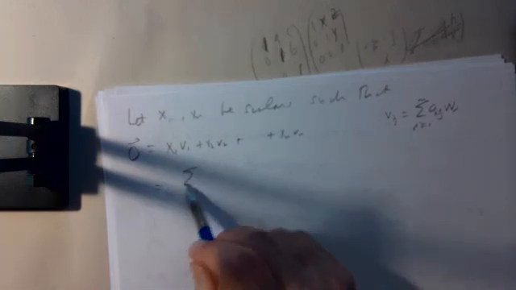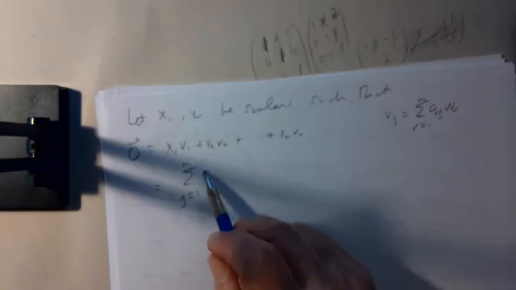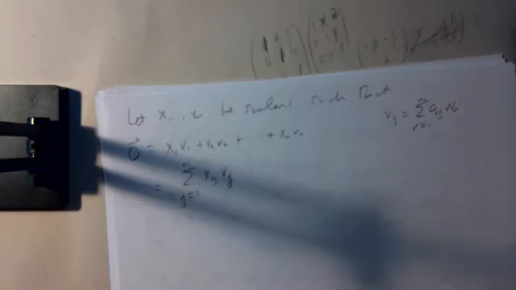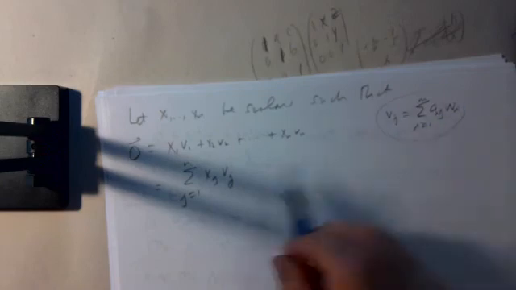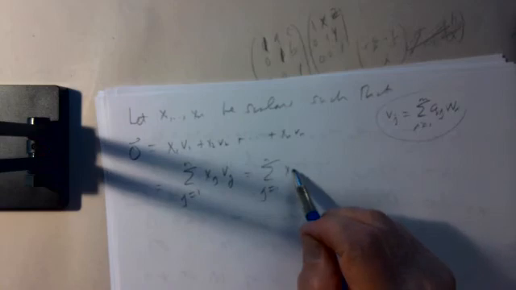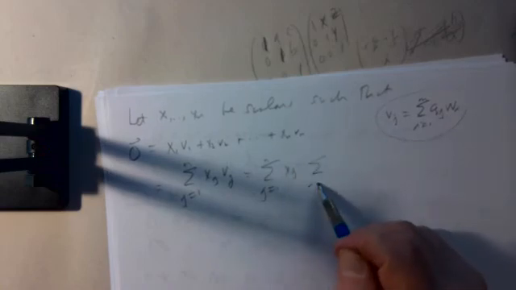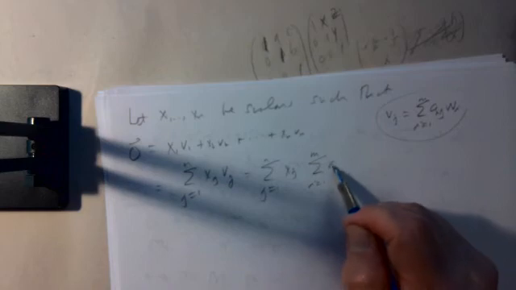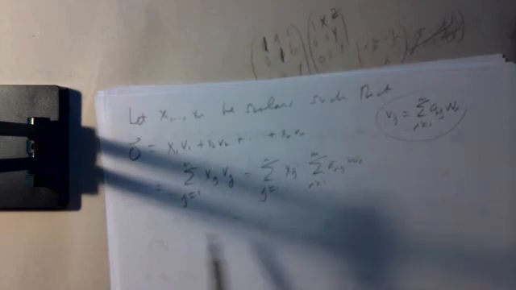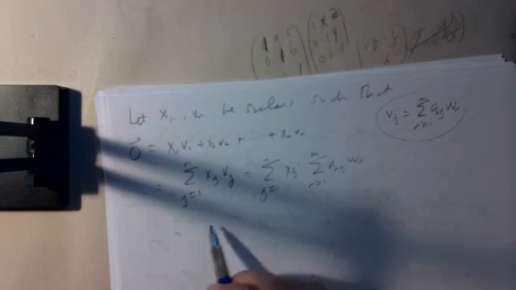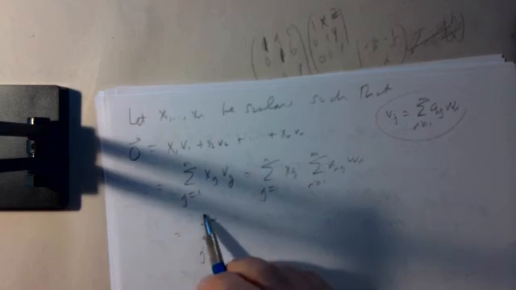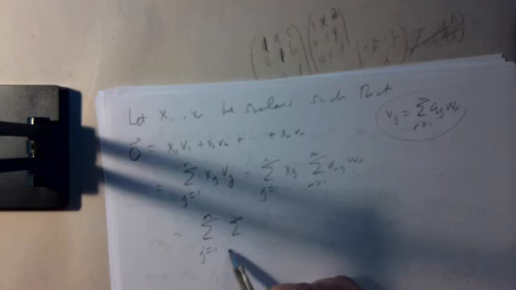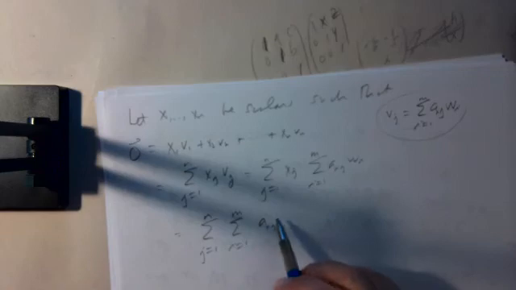This is the summation, j goes from 1 up to n, x sub j vj. But vj I can write like this. So this is the summation, j goes from 1 up to n, x sub j, summation i goes from 1 up to m, a sub ij wi. I can move this in there. This is the summation j goes from 1 up to n, summation i goes from 1 up to m, a sub ij, x sub j, wi.